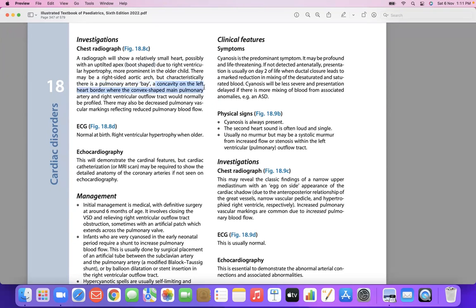You see concavity here because the growth is not good. The convex shape normally seen in the pulmonary artery and right ventricular outflow tract is not seen here. That is called the pulmonary artery bay.